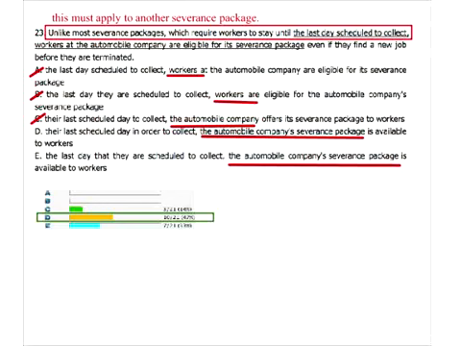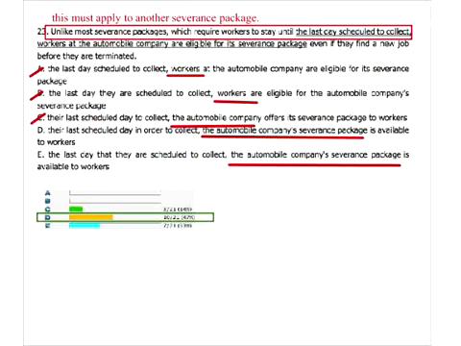Apostrophe S is a descriptive adjective. So this is the package, and this is also the package. So the only choices with a modifier that works are D and E. Does this make sense? Smiley face if it does.